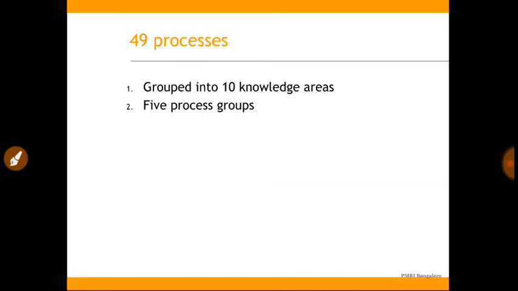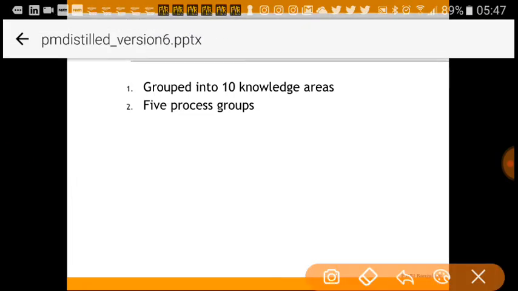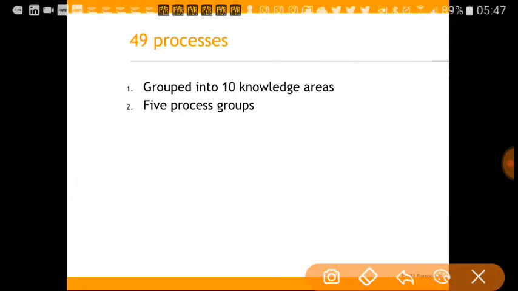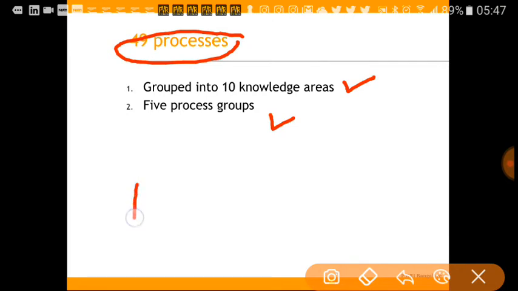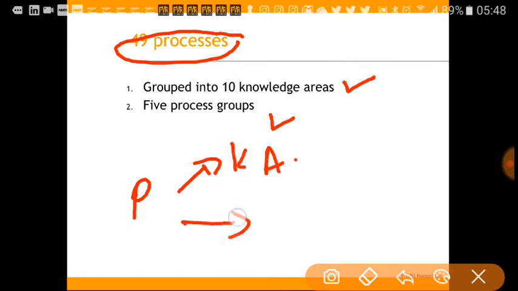As discussed before, we have 49 processes grouped into 10 knowledge areas and 5 process groups. That means every process is linked to one knowledge area and it is linked to one process group.